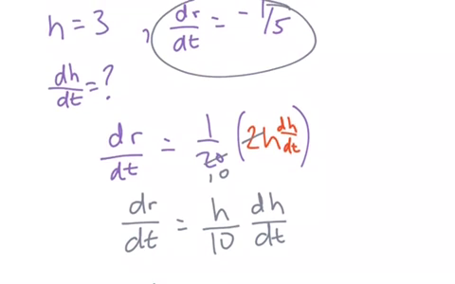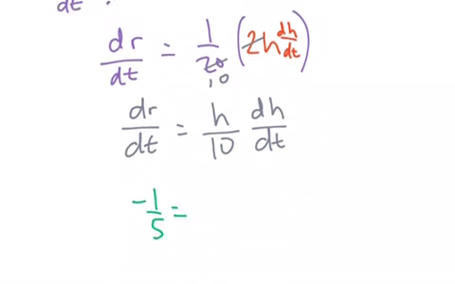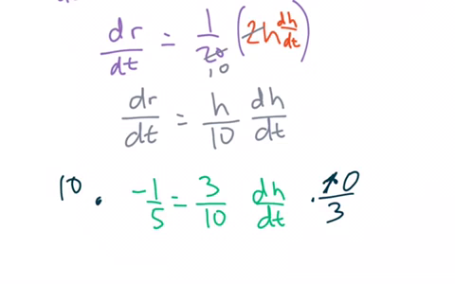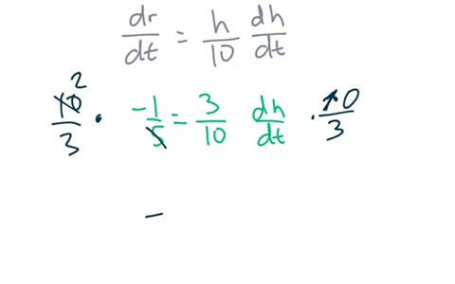We know that h is 3, so replace h with 3. All I have to do is solve it, so multiply by the reciprocal, 10 over 3, which leaves me with negative 2/3.